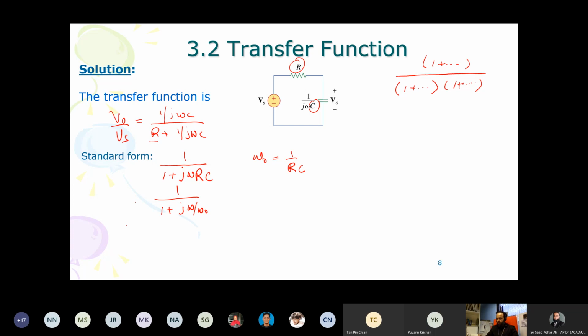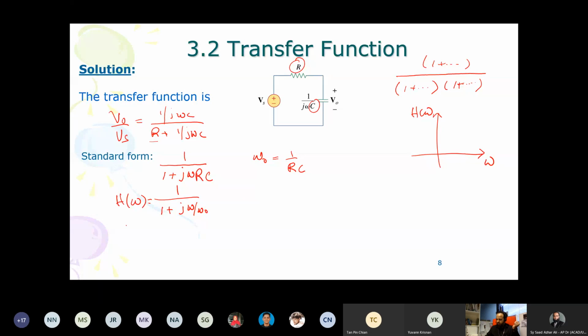Okay, and remember we are looking at H of omega. We'll have H of omega as a complex number. So we'll be looking at the magnitude and we'll be looking at the phase of H of omega.